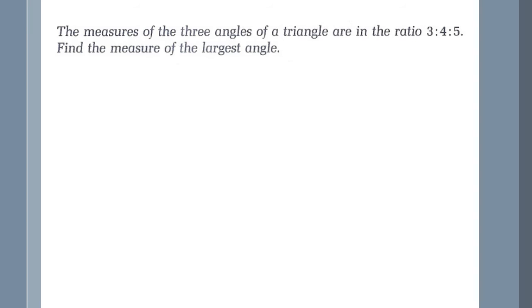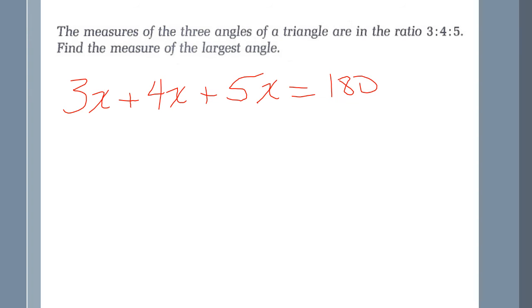Okay, ratio problems for triangles. These are really pretty simple. They tell us the measure of the three angles of a triangle in the ratio of 3 to 4 to 5. Find the measure of the largest angle. So you just start off with 3x plus 4x plus 5x equals 180. 3 plus 4 is 7, plus 5 is 12.